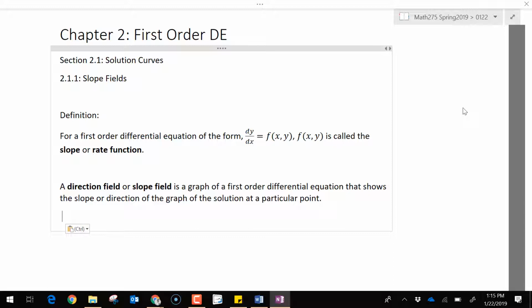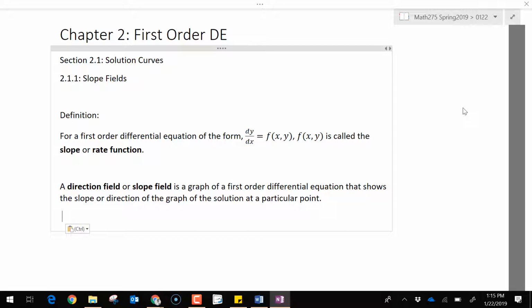Some of those differential equations might just have an x, or some might just have a y. But in any case, we would be expecting a combination of x's and y's on the right-hand side of the equation. So if we're able to write our first order differential equation that way, we have what's called a slope function or a rate function.